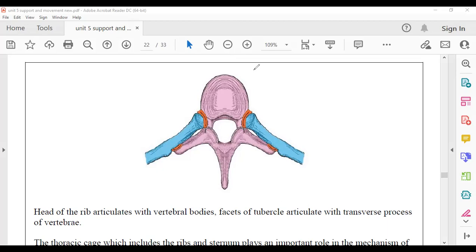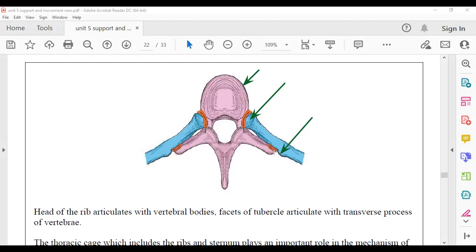One place in the body, another place in the transverse process. Head of the rib articulates with the vertebral body. So what is this? Head of the rib. This is the vertebral body.